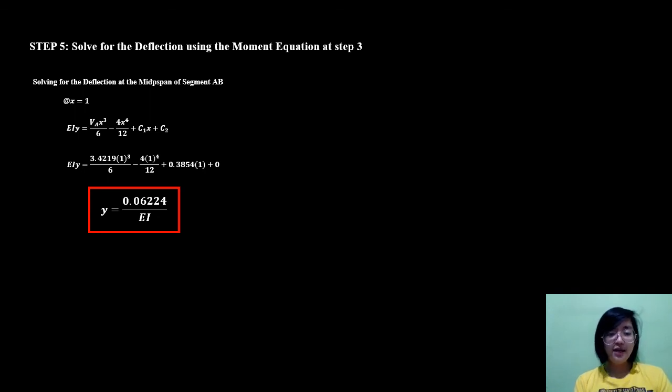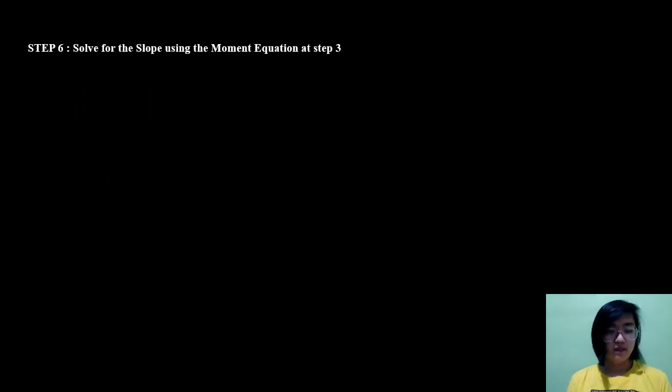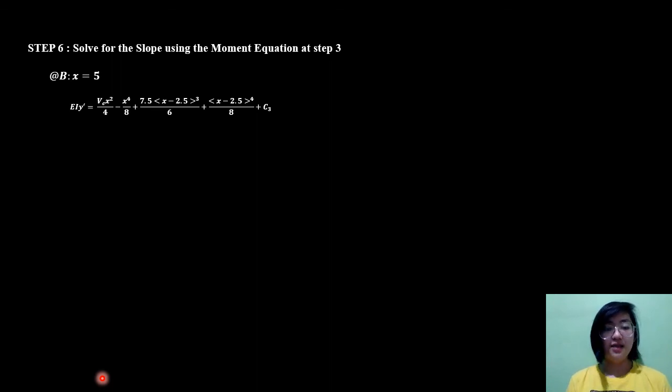And lastly, so now, let's go to the last question, which is slope at 5 meters from the right of C. So, we're going to use at B, x is equals to 5. Then, we're going to substitute it sa slope equation na formulate natin kanina sa segment BC. And then, okay, substitute.